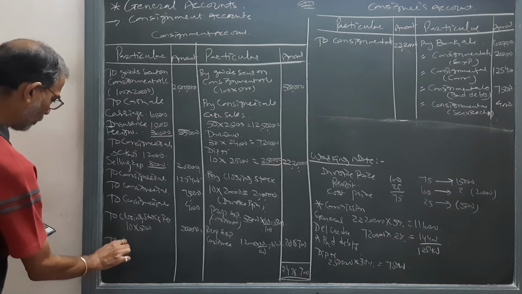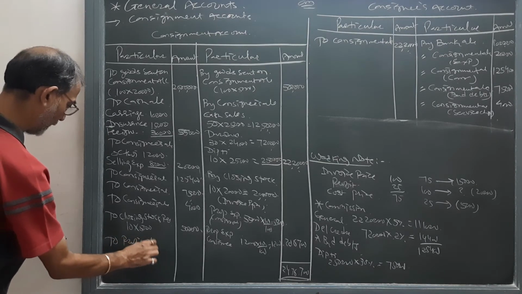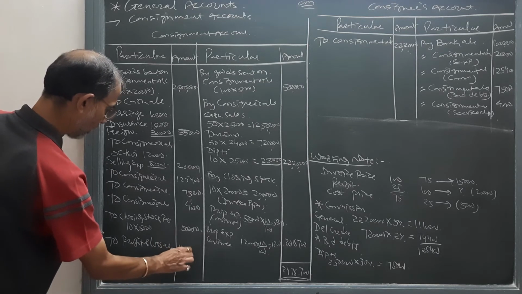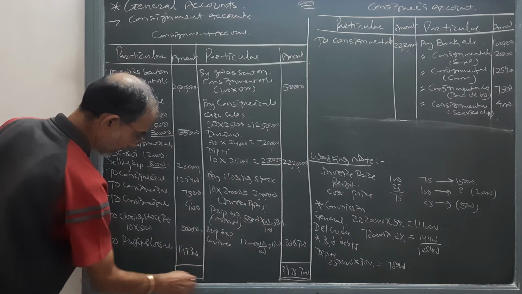So to profit and loss account, that is 1,47,300.